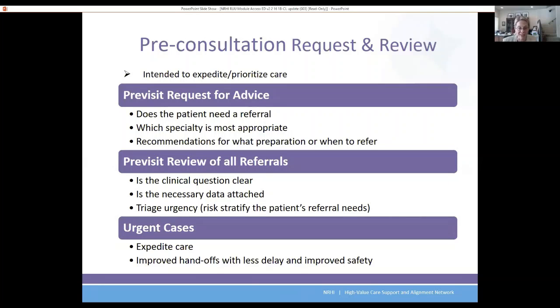And how urgent is it? And if they don't have that information, then take the opportunity to get that information to make that a high value appointment. And then the third is, I'm going to refer this patient to you, but they're really sick, and what can I do until they get in to see you? So use pre-consultation to help with that urgent case.